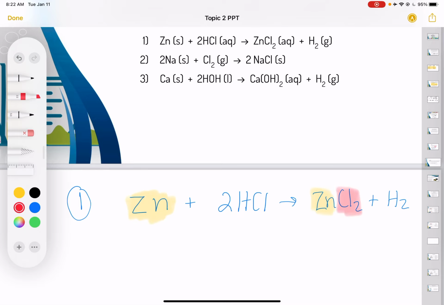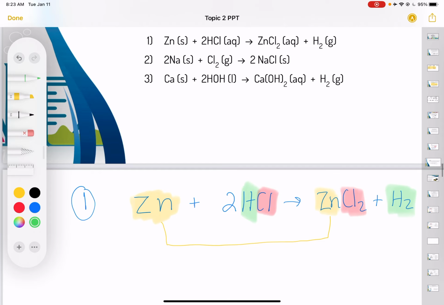We got chlorides, and we've got hydrogens. Okay, so now we've identified the things that are together. So from here to here, we've got Zn. Let's connect all the ones that are together.